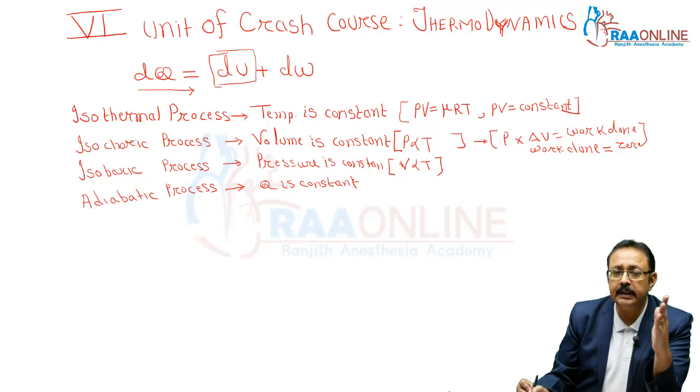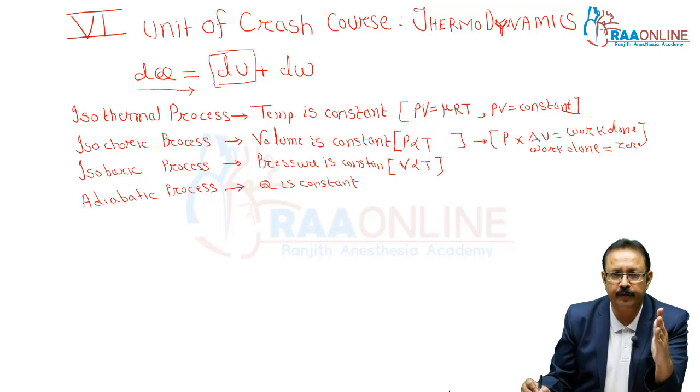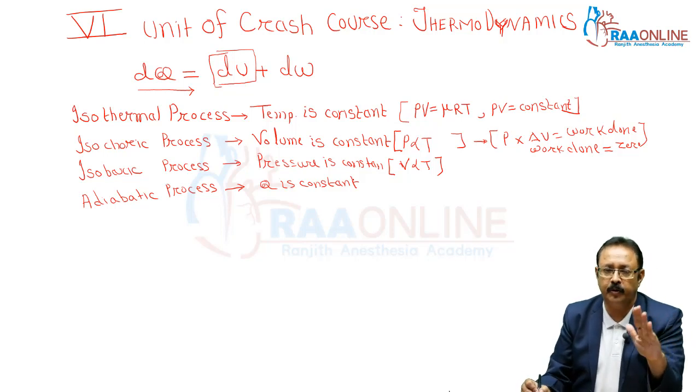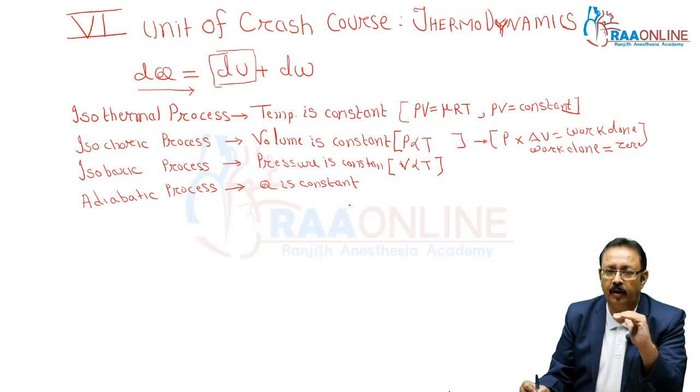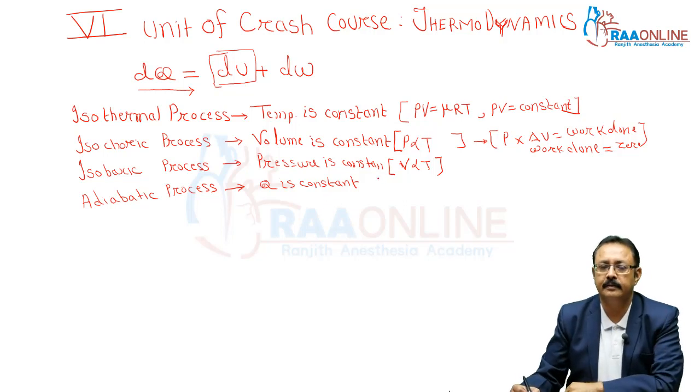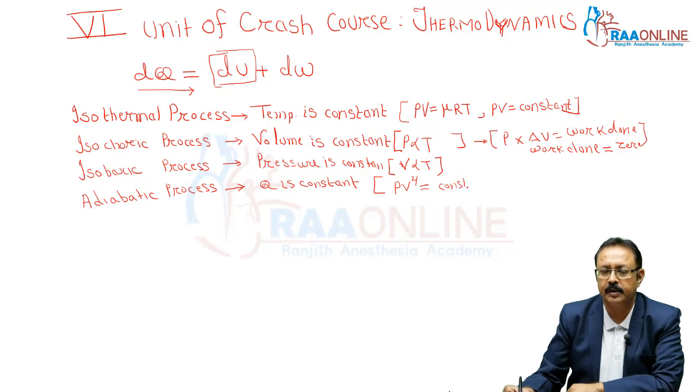Means neither is the system absorbing heat from the atmosphere nor is it liberating heat energy to the atmosphere. So all the heat content is inside the system only. In this, gas follows a law which is known as Poisson's law: PV raised to the power gamma is equal to constant.